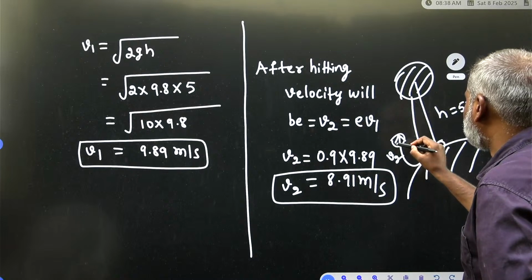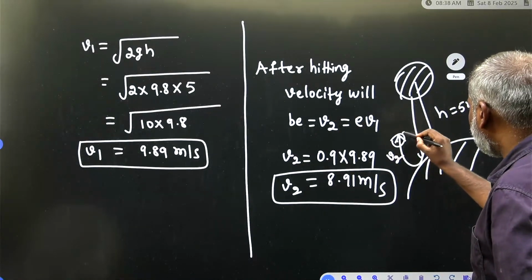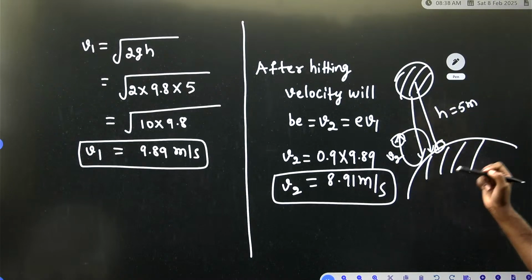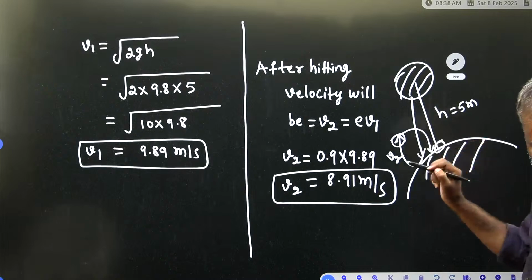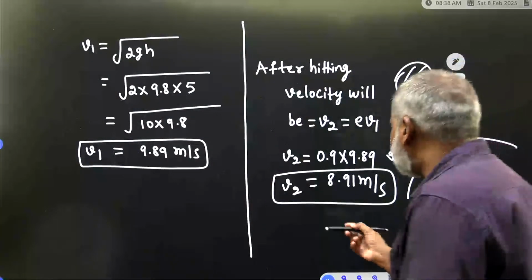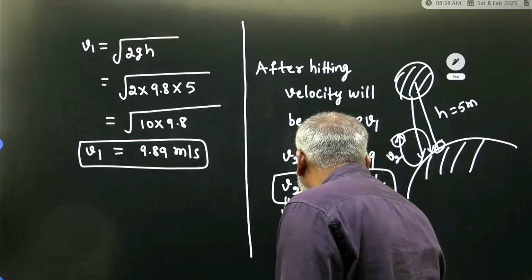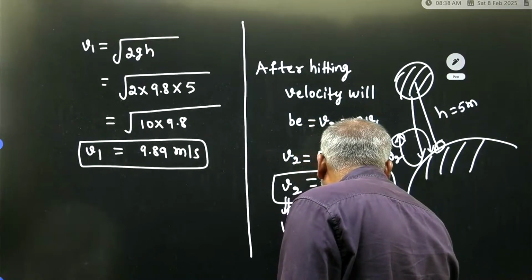Now what is the velocity? V2 is the second-time velocity, it is ready to collide with the floor. So this is the velocity hitting before the second time. This v2 is nothing but the velocity hitting before the second time.